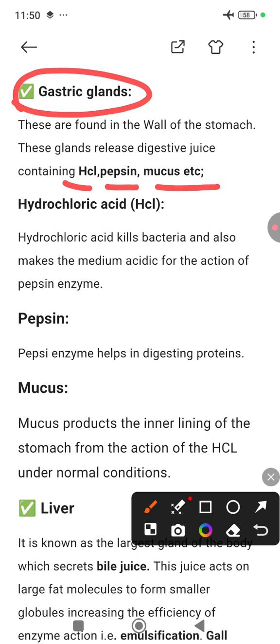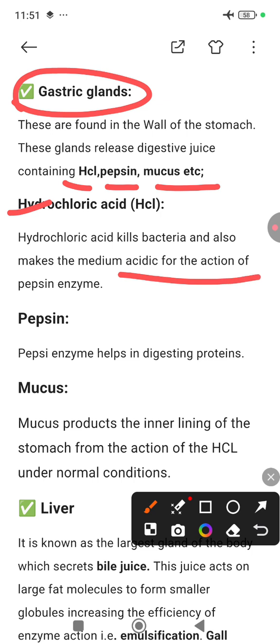So let's see the functions of each of these digestive juices. What is the function of HCl? HCl, or hydrochloric acid, kills bacteria which enter our body through food or other substances, and also makes the medium acidic.